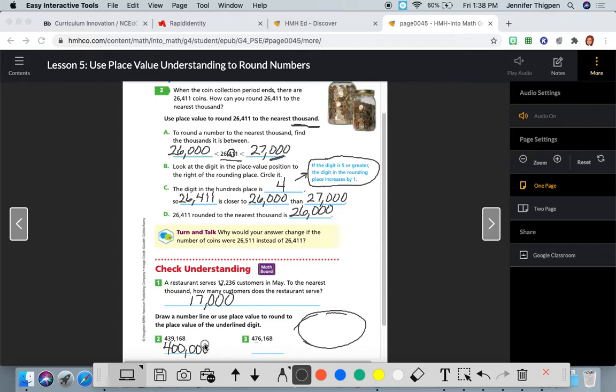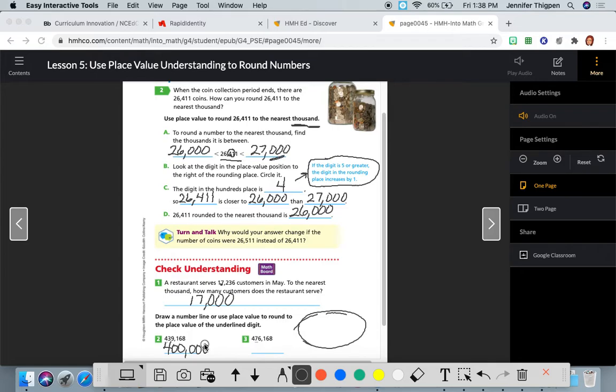Now let's look at the 3. We see we have the 7 underlined, so we need to round the 10,000s place value, okay? So we've got the 7, so again, we're going to move to the right, and we're going to look at the 6 in the thousands place. So 6 is 5 or greater, so it's greater than 5. So we are going to move the 7 up, where it's going to increase by 1.